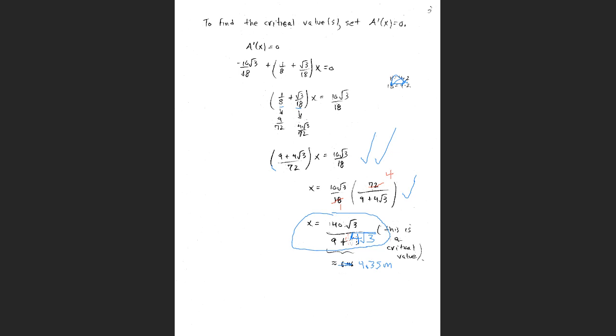And would cutting the wire at 4.35 meters, you go along the wire, and when you reach 4.35 meters you make the cut there, would that maximize your area of the square and the equilateral triangle?